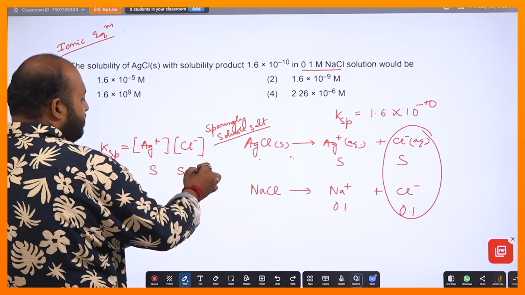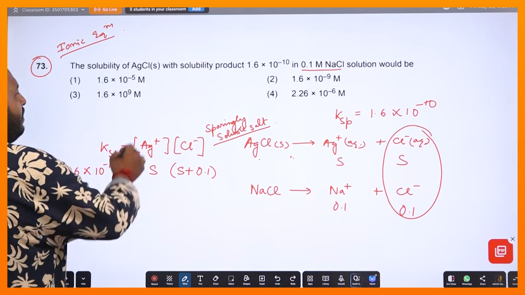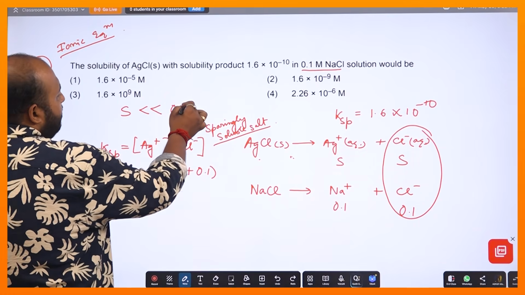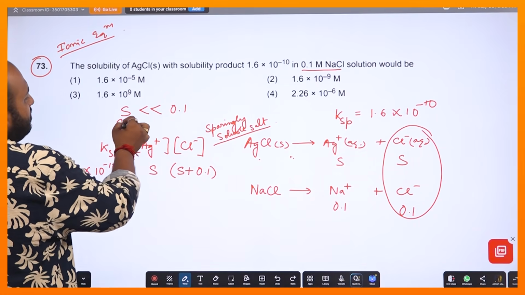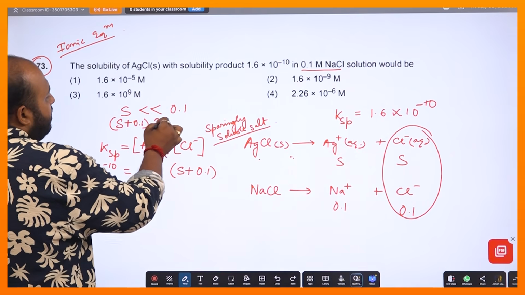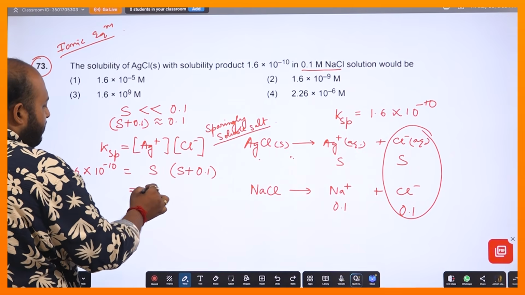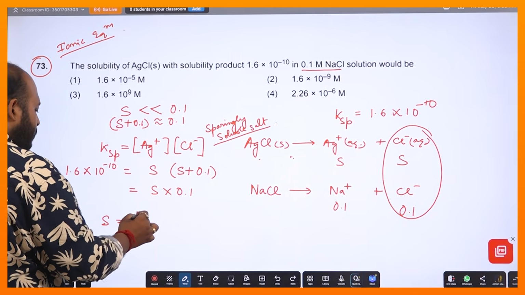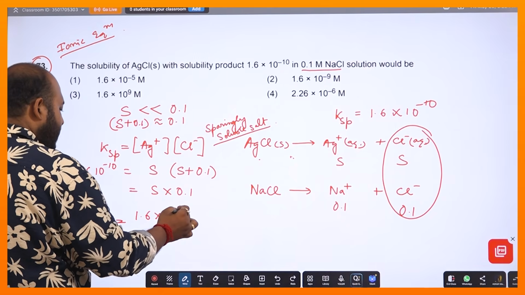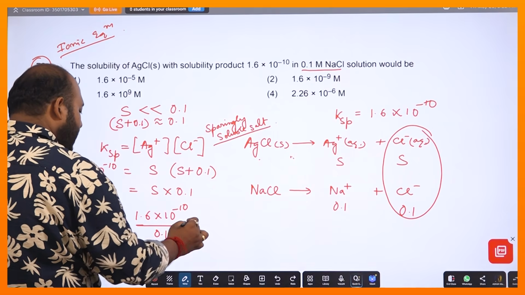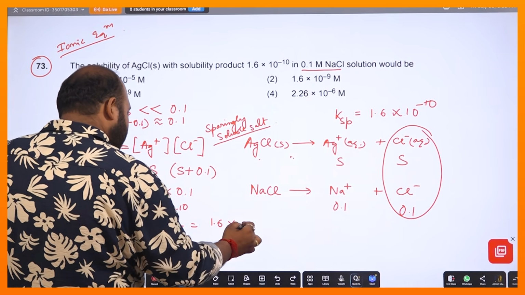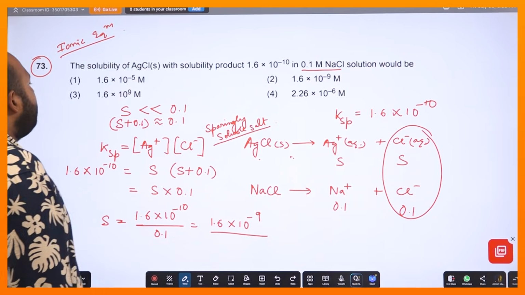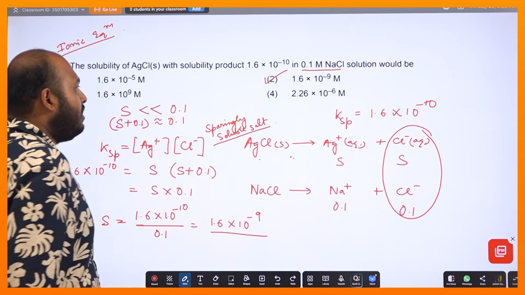So it will be S plus 0.1. Now we know that the solubility is very less compared to 0.1. So we can simply consider S plus 0.1 is nearly equal to 0.1. So this will be S into 0.1 only. So S will be equals to 1.6 into 10 to the power minus 10 by 0.1, that will be equals to 1.6 into 10 to the power minus 9. So our option 2 is the correct one.